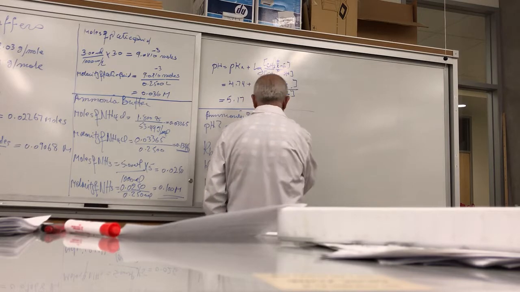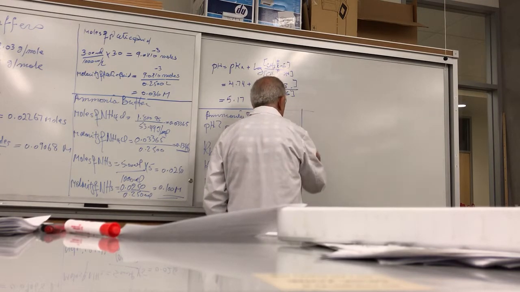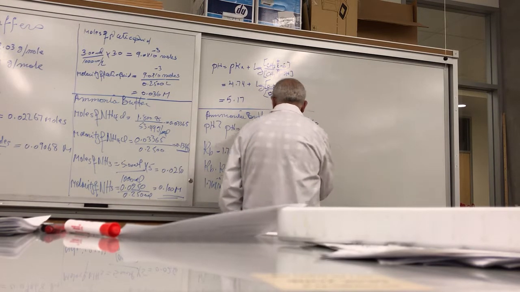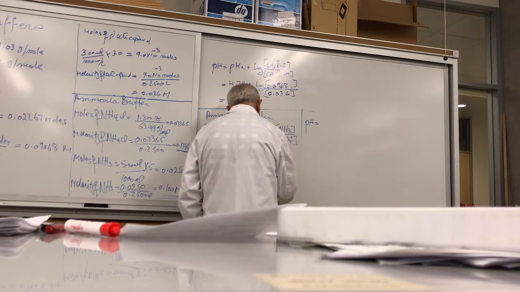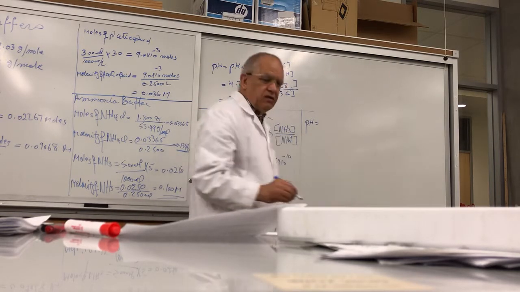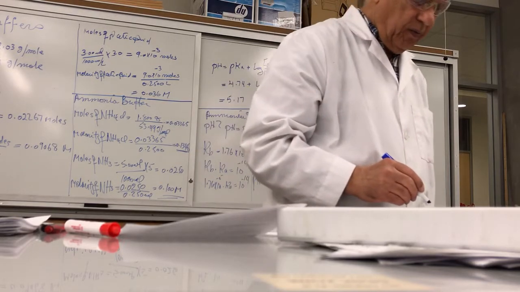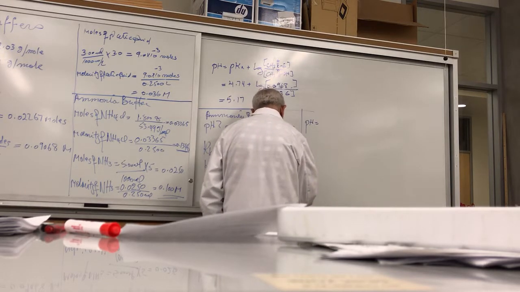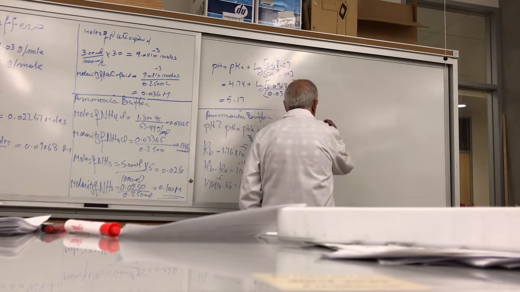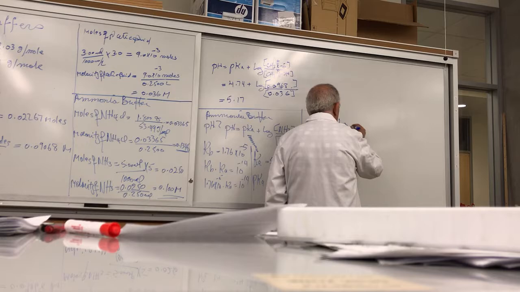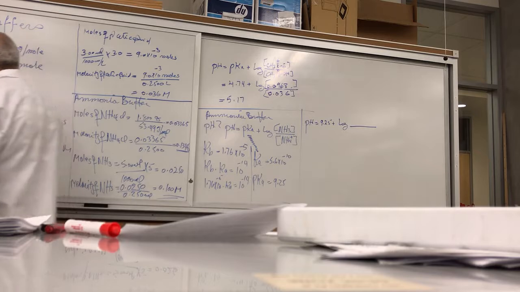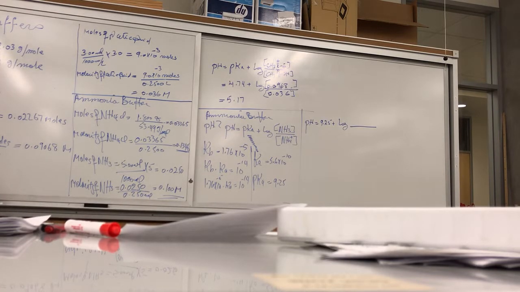And then the same thing, so your pH equals pKa plus log, and pKa here for this value, when you do the pKa minus log of that, will be 9.25. So this will be 9.25 plus log concentration of ammonia over the concentration of ammonium.